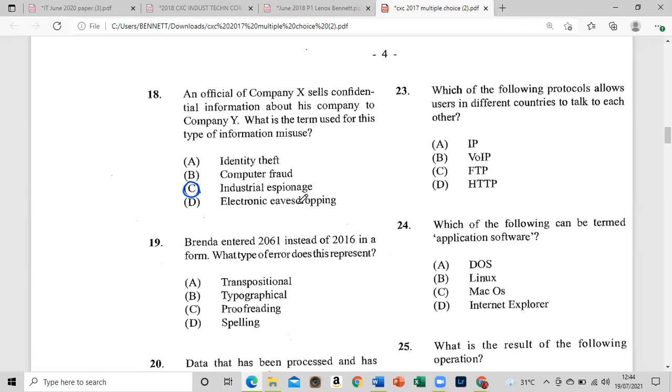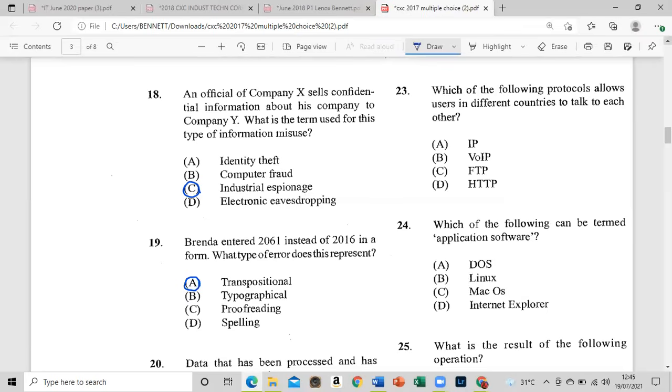Is it A, transpositional, B, typographical, C, proofreading, or is it D, spelling? No, nobody would fall for spelling. So it's just a position, transpositional. So guys, this is a transpose, just like in maths, you know? So 19 is A.